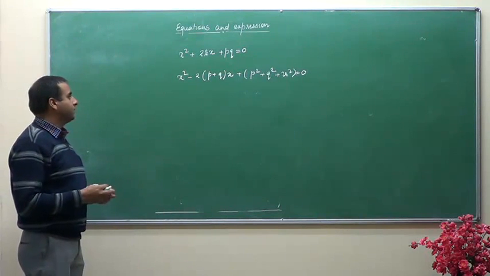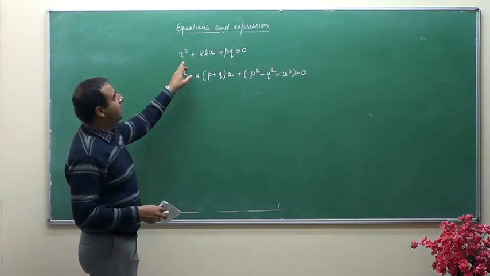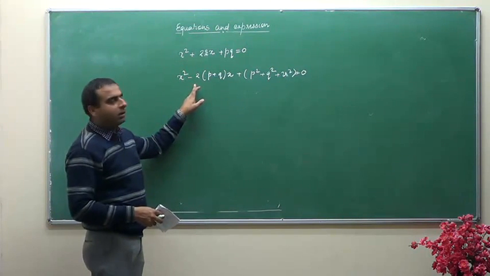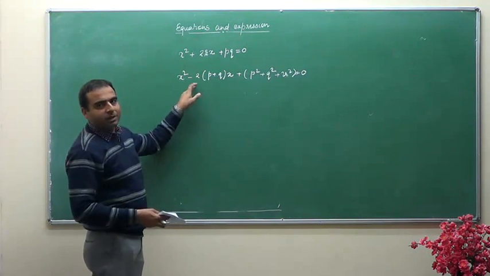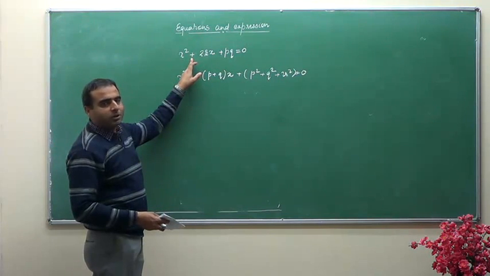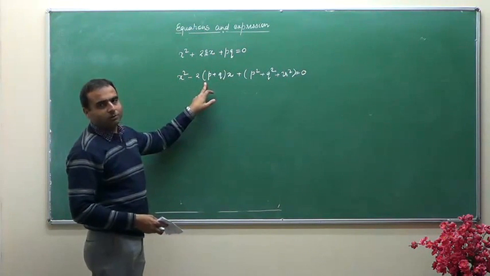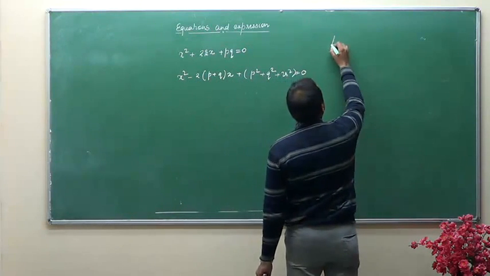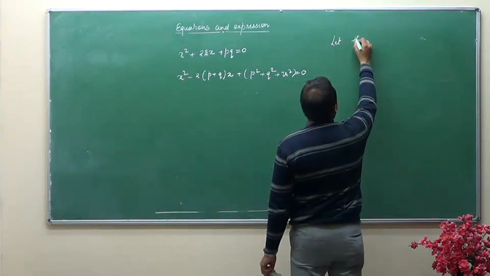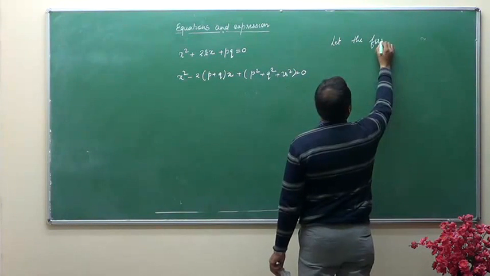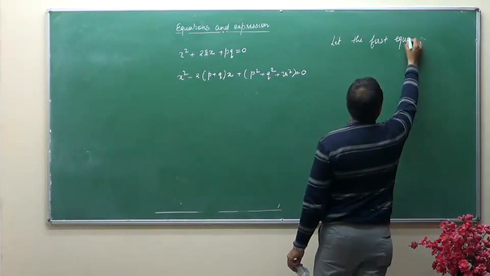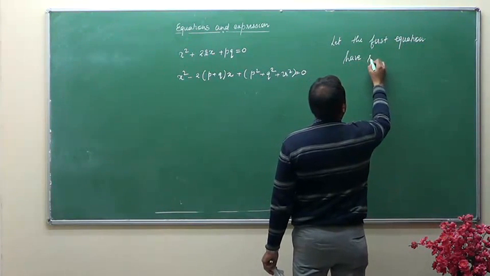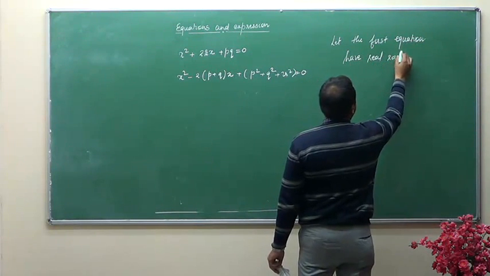So the meaning of the question is, if this equation has real roots, then it is possible that the other has imaginary roots, or vice versa. If it has imaginary roots, then it is possible when this equation has real roots. So let the first equation have real roots.